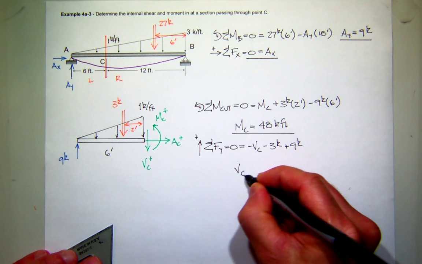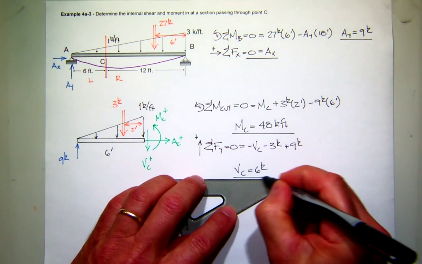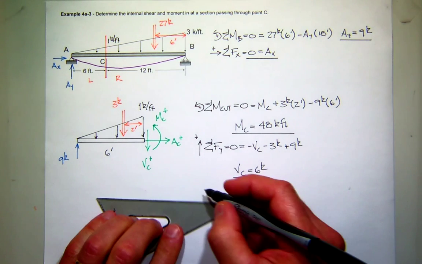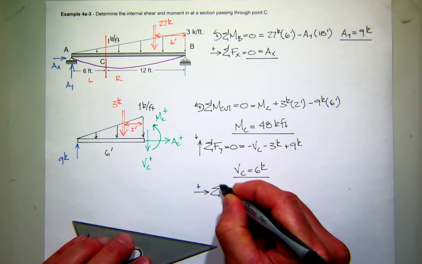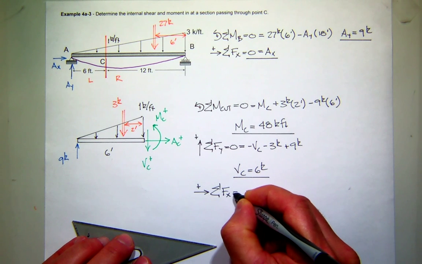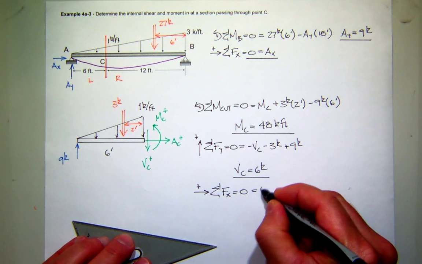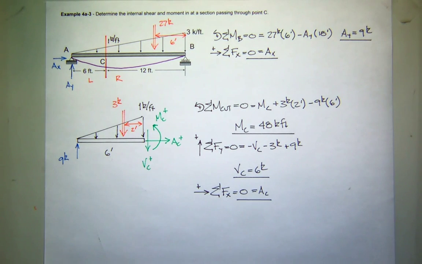So it looks like the shear at C is equal to 6 kips. And then just to complete the whole setup, if I sum forces in the X direction to make sure it's in equilibrium, the only X component I have is the axial component, and it seems there is no axial force. And that's that.